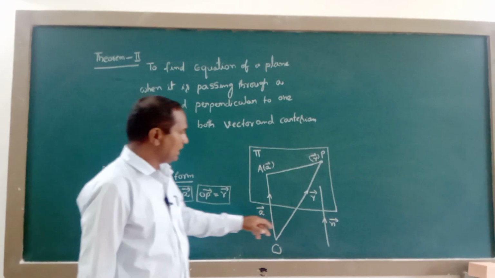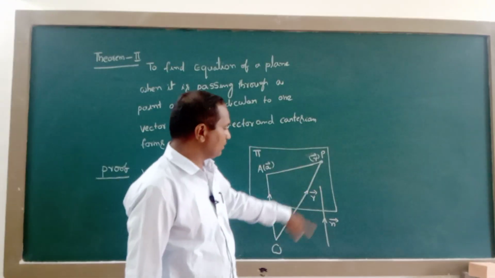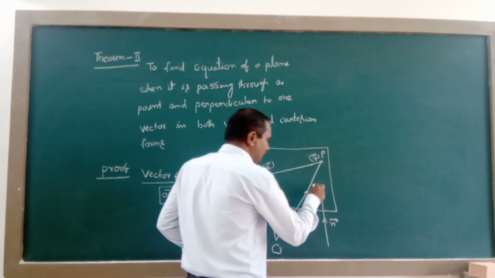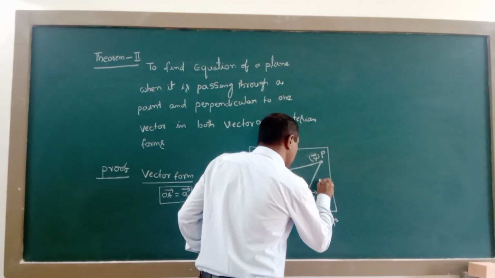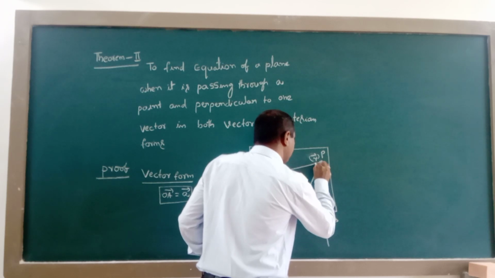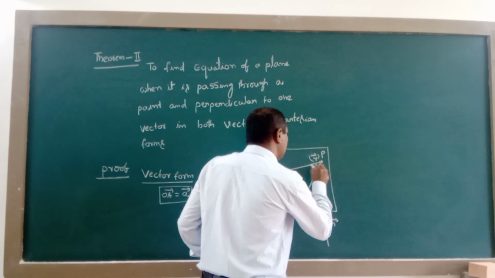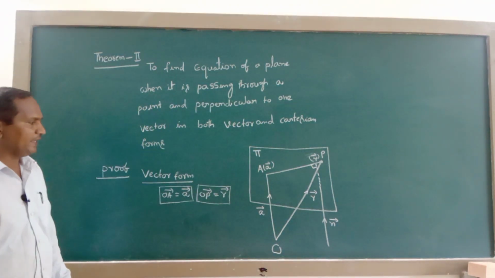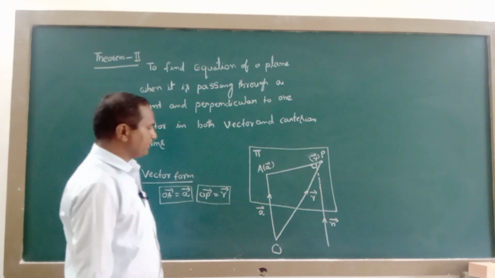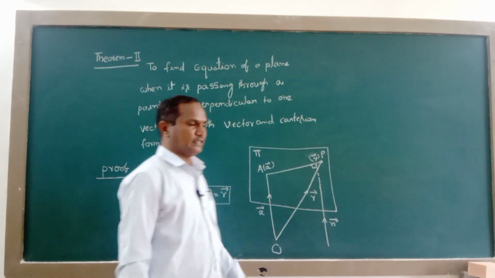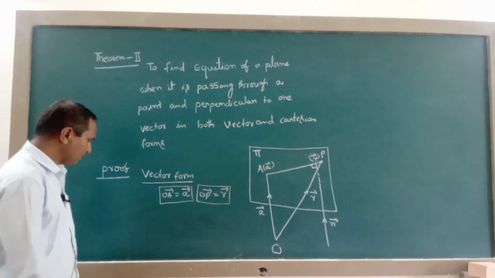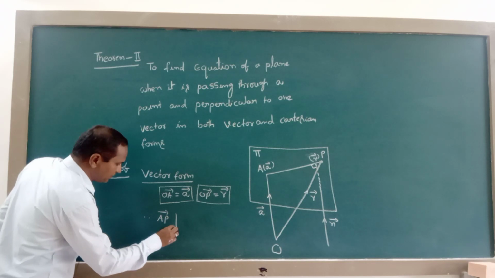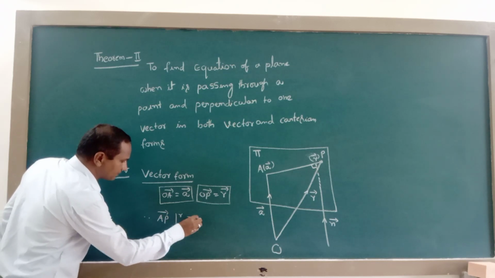At the same time, I have taken one vector, n vector, perpendicular to the plane. If you extend it like this, it is always perpendicular to the line segment AP in that plane. Therefore, AP vector is always perpendicular to n vector.